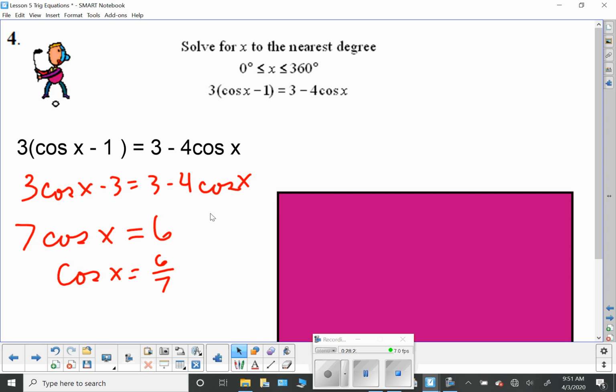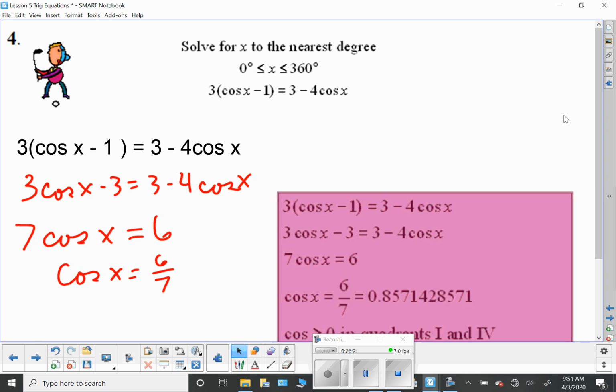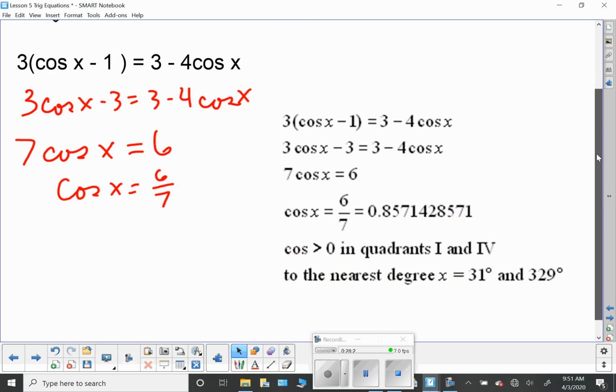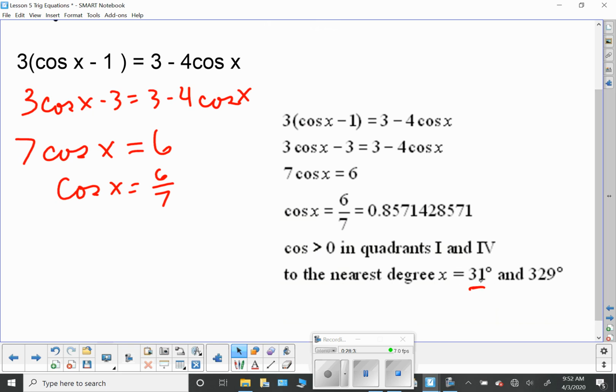It's not on the unit circle. So what are you going to have to do? You're going to have to use the calculator. And the calculator is going to give you an angle of 31. But you need to remember that cosine is positive in quadrants 1 and 4. So how did I get 329? I did 360 minus 31.